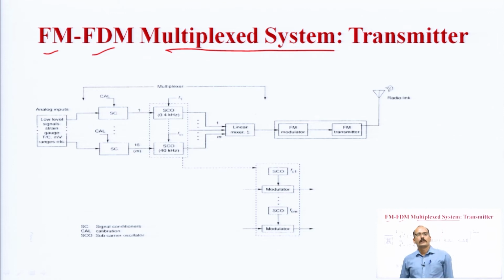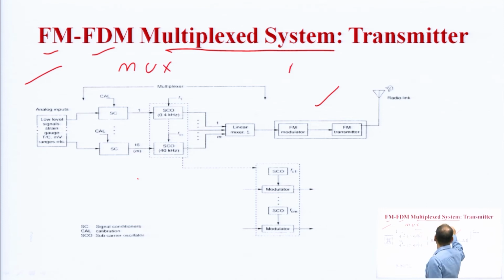You can understand this FM-FDM multiplex system: this part is related to the multiplexing, and this part is related to the modulation, and I told you this is multiplexing plus modulation.